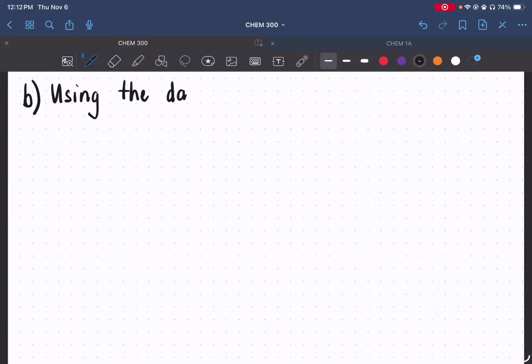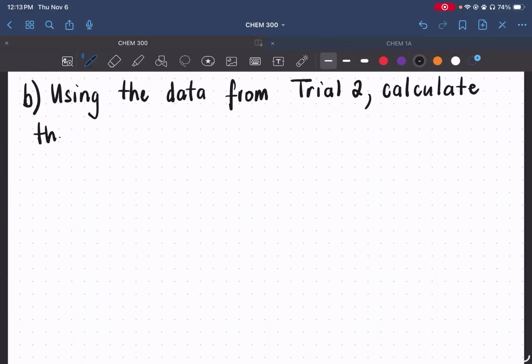Using the data from trial 2, calculate the half-life of each reactant.